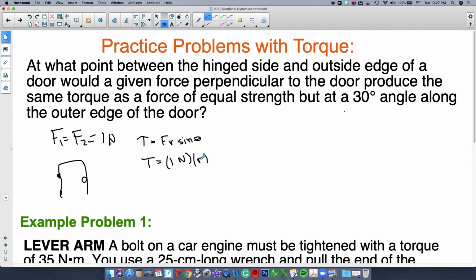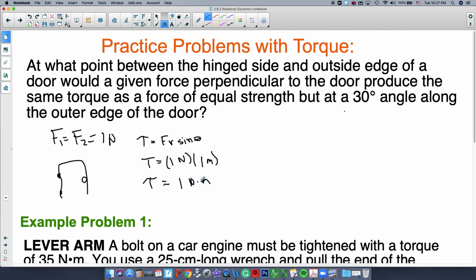We could give that one an arbitrary number as well, because we're trying to figure out how far the 30-degree one would be to equal the 90-degree one. So let's just say that one is 1 meter. That means we have a torque of 1 Newton meter.